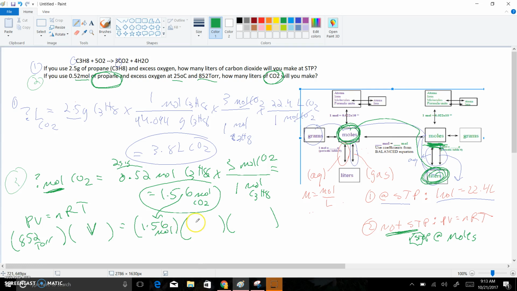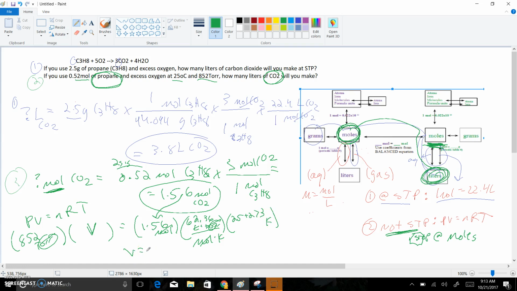Here's my n, here's my R. R is a gas constant. It is on your equation sheet. I'm going to pick the 62.361 because that has units of liters times torr over moles times Kelvin, which is what I'm in. So my torr will cancel, my moles cancel, and my volume will be in liters. Here's my Kelvin. I've got 25 degrees Celsius, so 25 plus 273. And now I just have to solve for V by pushing numbers in my calculator.